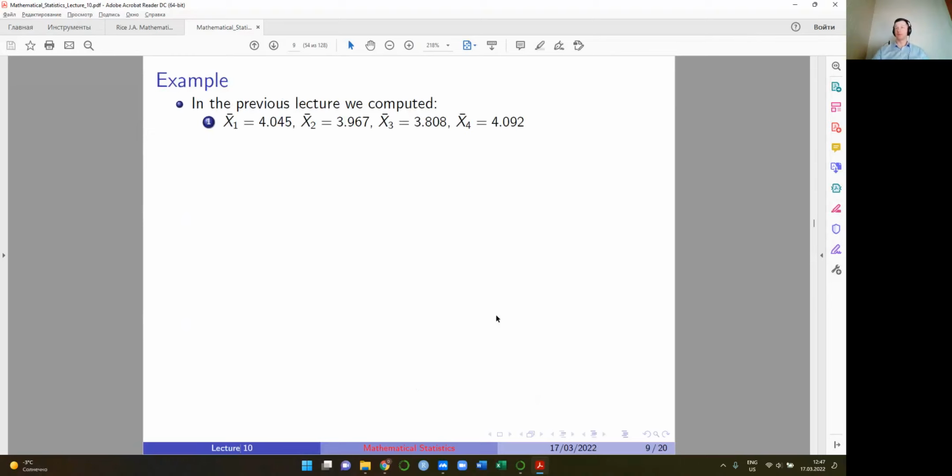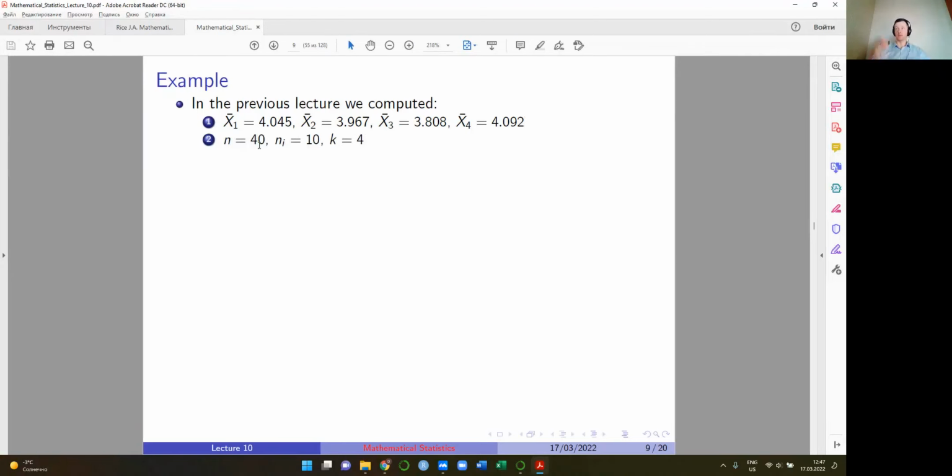So what do we know? We know the sample means for every oil well. So we know that the sample mean for the extraction for the first well is that many tons, for the second here, for the third here, for the fourth here. We know that overall we have 40 observations, 10 for each group, and the number of groups k is 4.